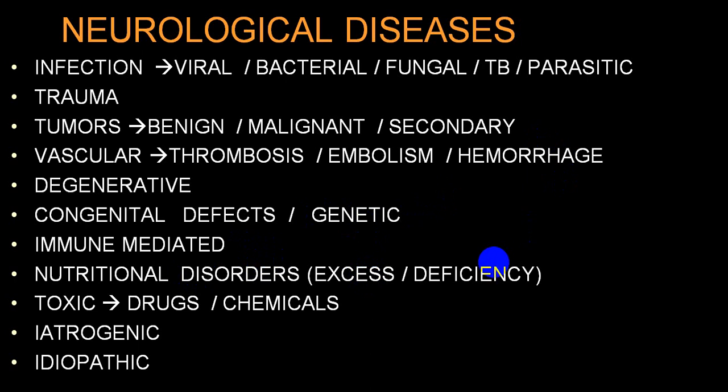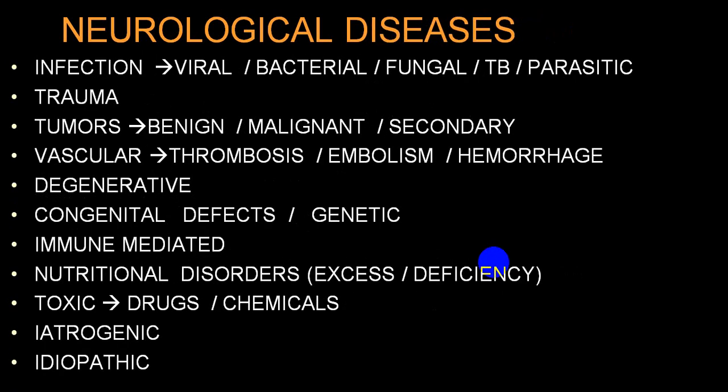You can be having disorders because of toxic effect of drugs, chemicals, etc. Or it can be created during a procedure, like iatrogenic. Classical example, wrist drop while giving an intramuscular injection in the deltoid region, you inject into a radial nerve and produce wrist drop or radial nerve palsy. And when you can't identify a cause, we label that as idiopathic.